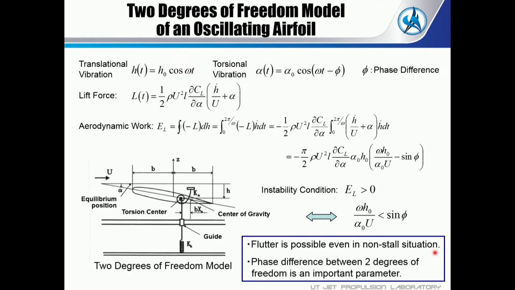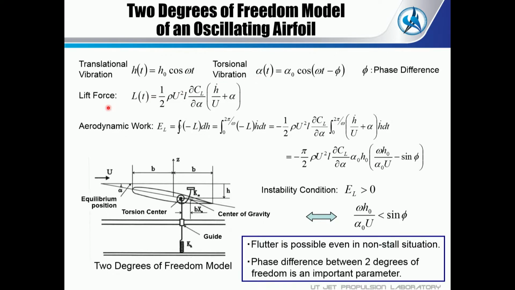But in reality, the oscillation system has 2 degrees of freedom. So we also have the torsional displacement. This is the simplest case. The translational vibration is shown here, and the torsional vibration is expressed as this. There is a phase difference, phi, between the translational vibration and the torsional vibration.